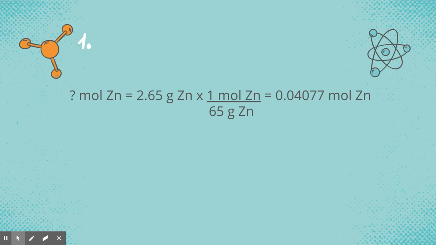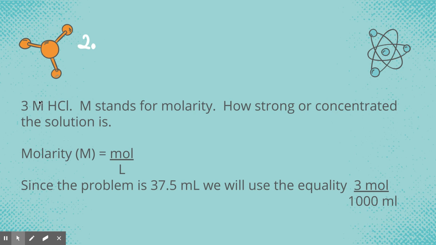Calculation number 2 for the pre-lab asks to calculate the number of moles of HCl in 37.5 milliliters if we have a 3 molar HCl solution. Okay, so that 3M, that capitalized M, stands for molar, or your molarity.